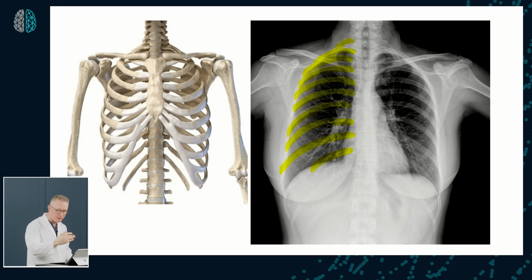So again, you can start at the top and find that posterior, and essentially it curves around. And so here is the anterior portion of rib 1, here's the anterior portion of rib 2, here's the anterior portion of rib 3, 4, 5, 6, and 7.